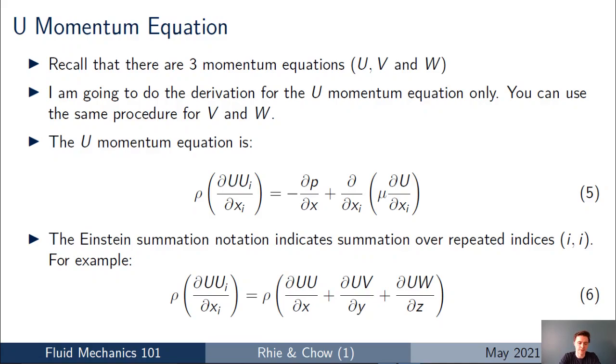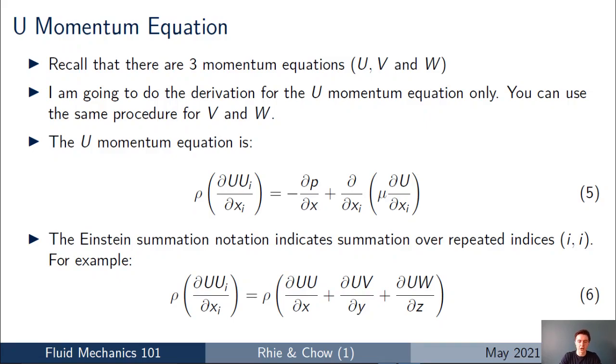Just as a reminder, many of you will have seen this before, but what the Einstein summation notation indicates is that if you have 2 indices that are the same, in this case i and i in the same term, that's shorthand for summation over those terms. For example, on the left-hand side of the momentum equation, the convection term, rho partial u_i u over partial x_i, is shorthand notation for what you can see there in equation 6, where the summation is over the index i, and of course you go through the 3 velocity components u, v, w, which correspond with the coordinate axes x, y, and z in Cartesian coordinates.